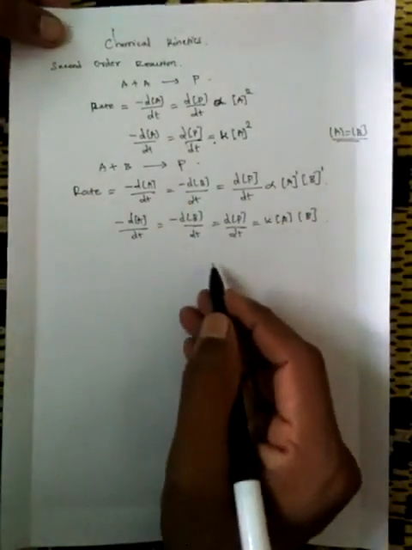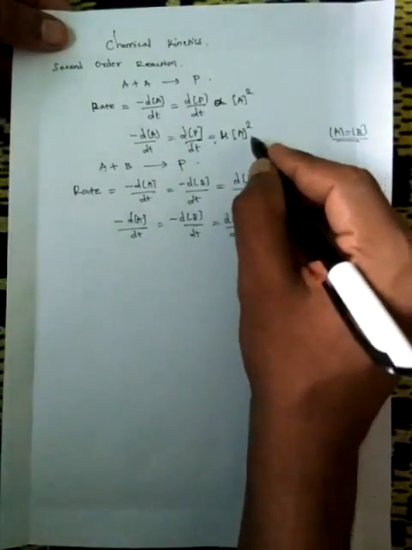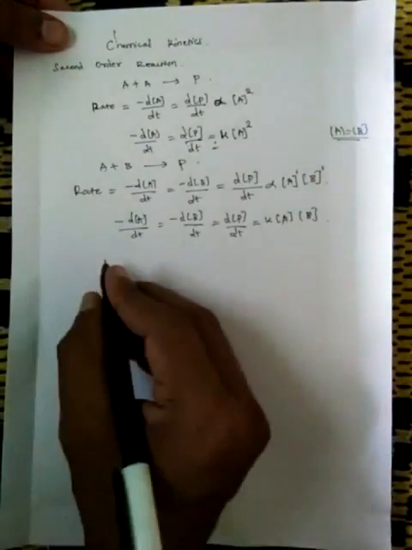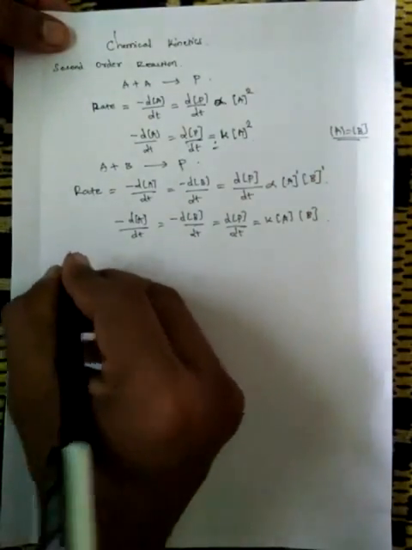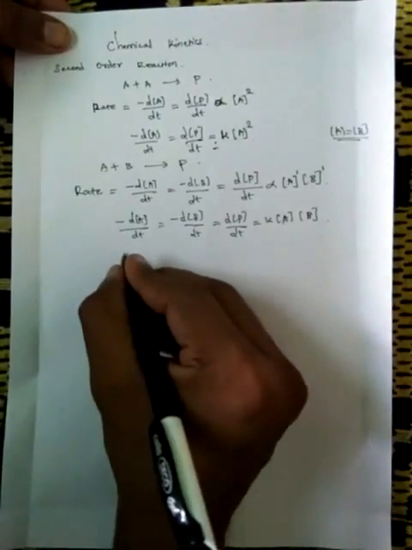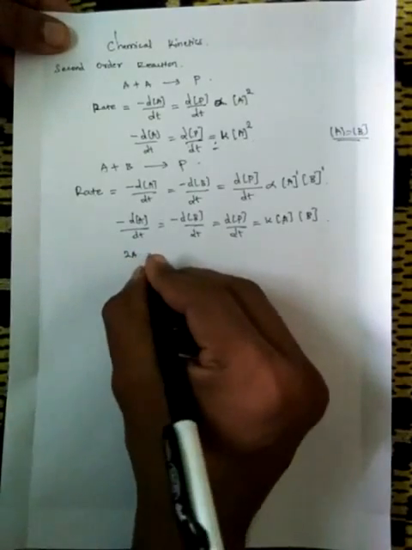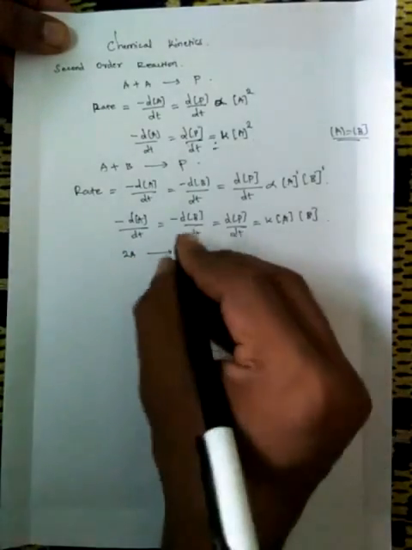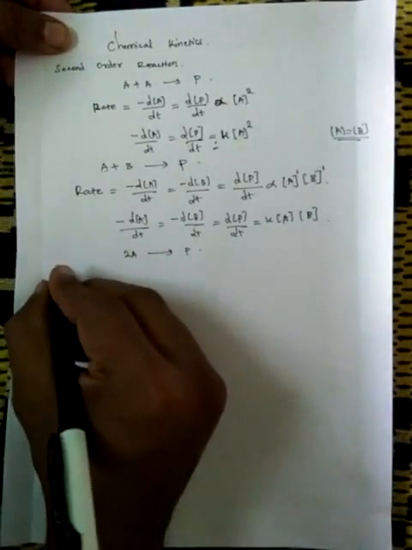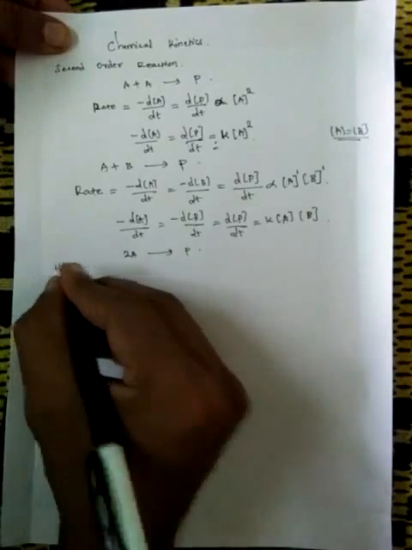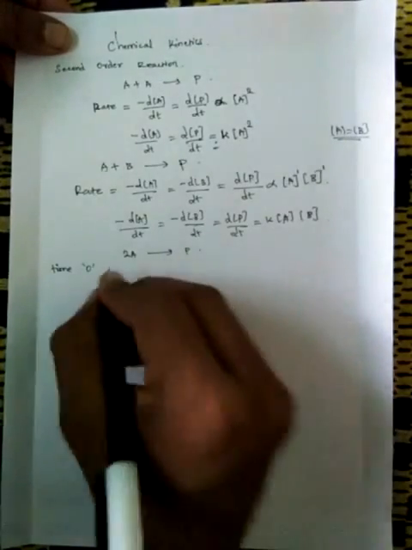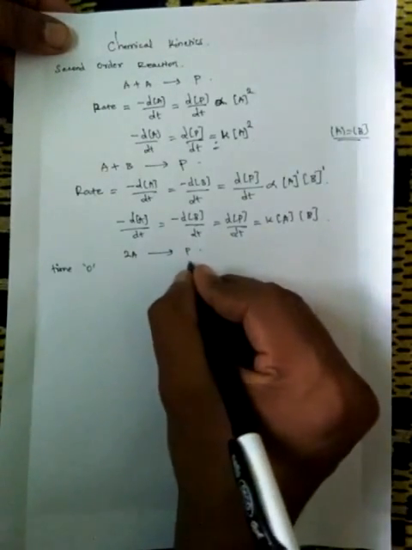Right? Okay, let me take the first rate equation. Before that, let's say I have 2A that gives product. At time 0, the reaction is not started, so the product will not be formed.